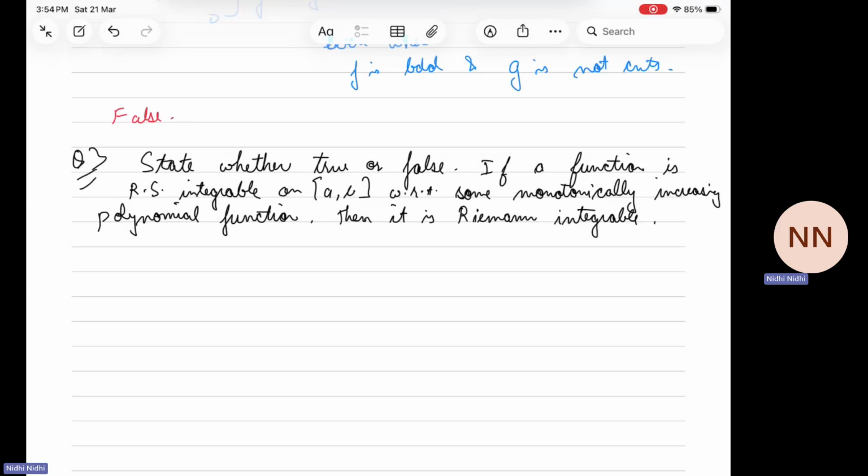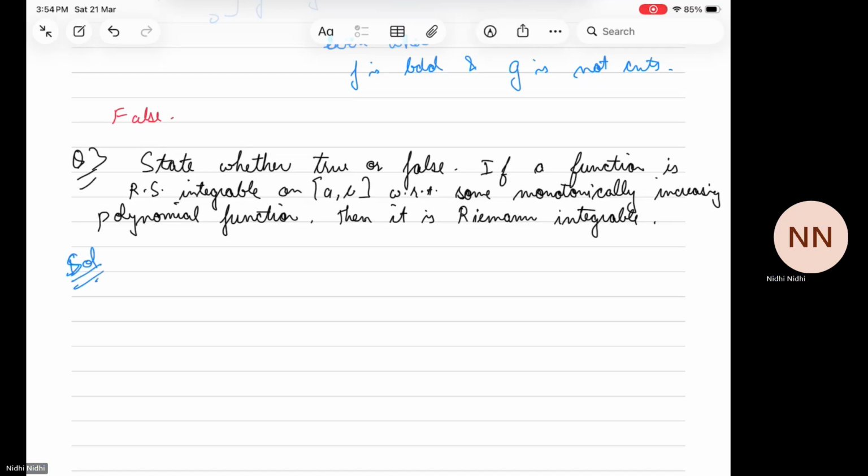Their derivatives are also continuous. In fact, all their derivatives are continuous. We call them smooth functions, and they are the ideal functions that one can have. So let's see how we'll use this property and show that RS integrability will lead us to Riemann integrability, provided the function is a polynomial.